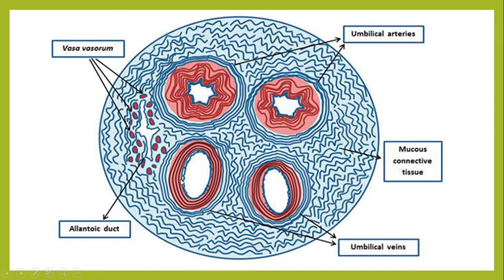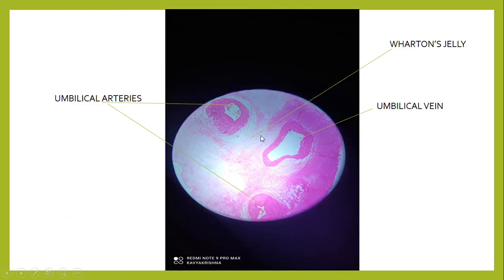You can see the umbilical veins, and the mesenchymal connective tissue, the Wharton's jelly. We can see two umbilical arteries and two umbilical veins. This is the early stage of development. Later it will convert into only three structures, as one of the veins will disappear.